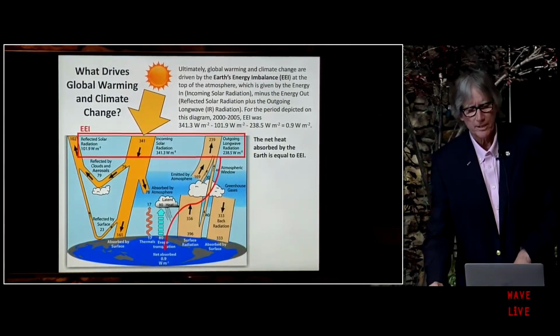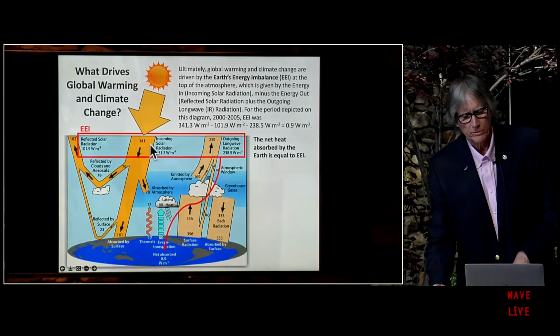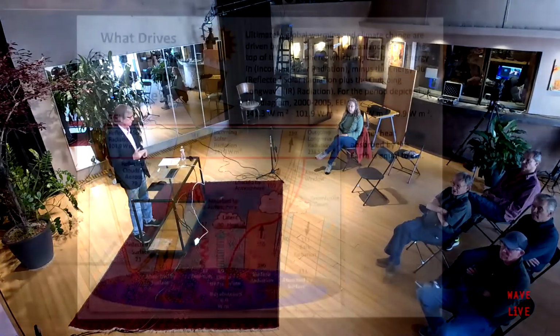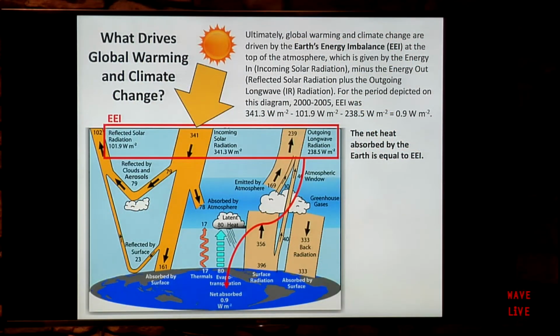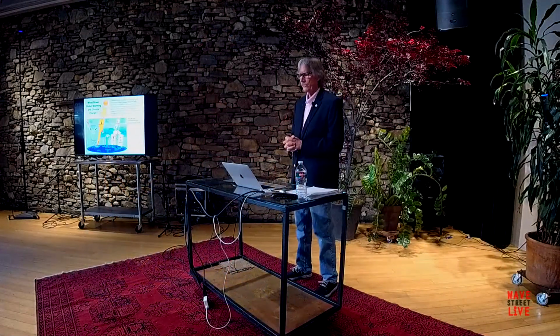We can actually measure the radiation balance at the top of the atmosphere from satellites. Beginning in the 80s, a series of satellites were launched called Earth Radiation Budget Experiment, and there's a follow-on experiment called CERES, Clouds Earth Radiant Energy System Experiment.